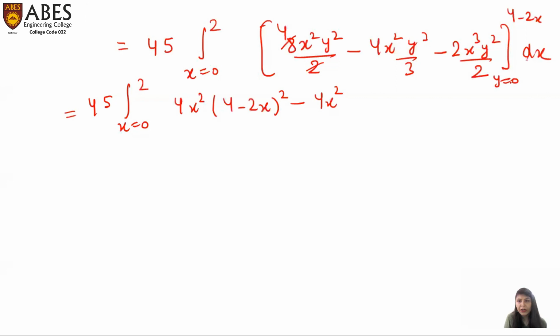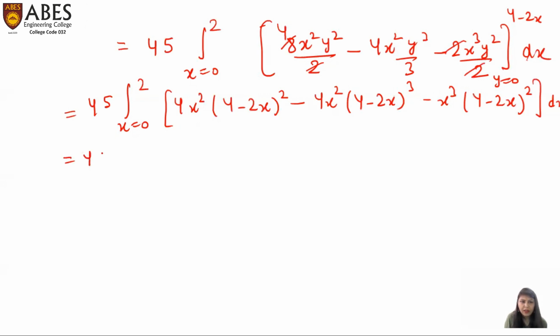If we put the lower limit, we will get the zero answer. So I am putting just the upper value. 4 minus 2x whole cube, x cube 4 minus 2x whole square into dx. So first I simplify this value, x equals 0 to 2.